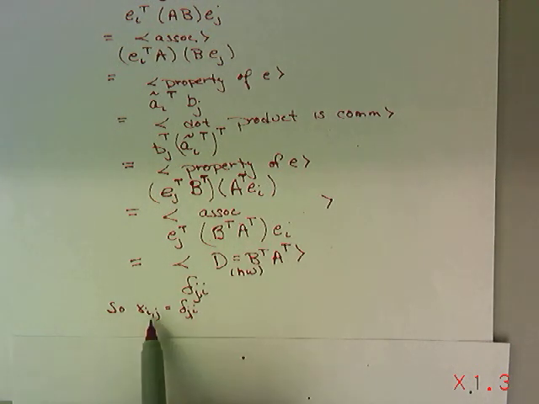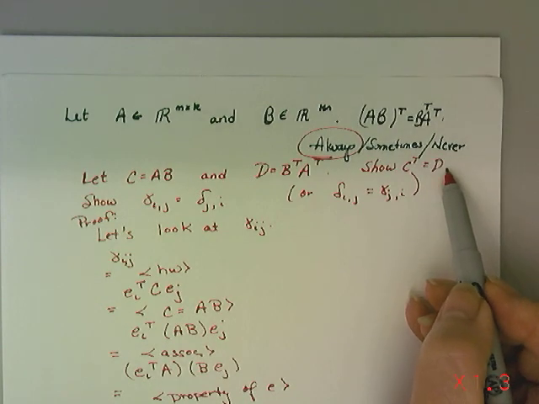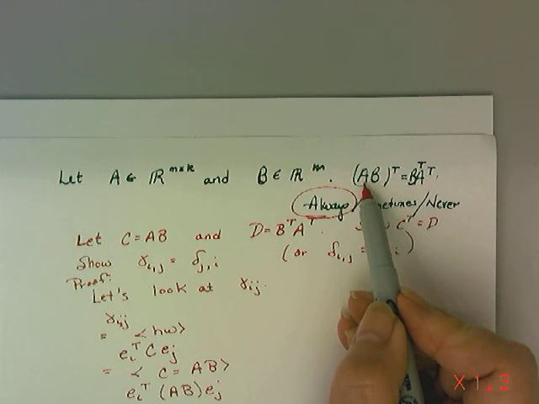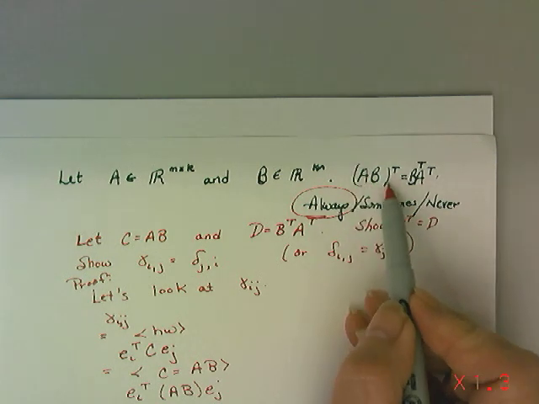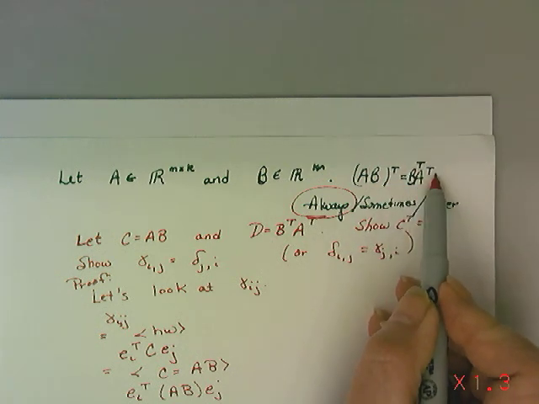We know that the ijth entry in C matches the jith entry in D. So that means that C transpose is D. So it is true that A times B quantity transpose is B transpose times A transpose.